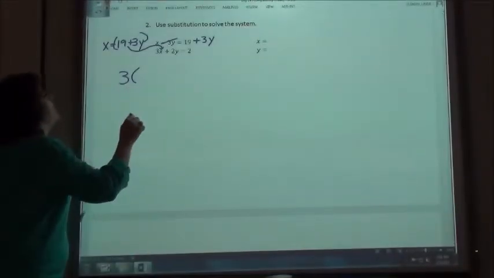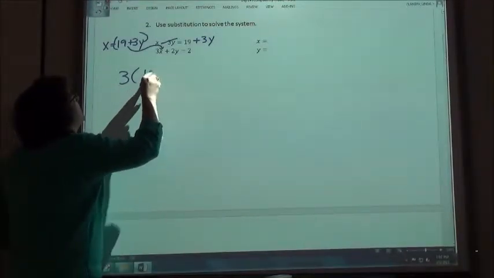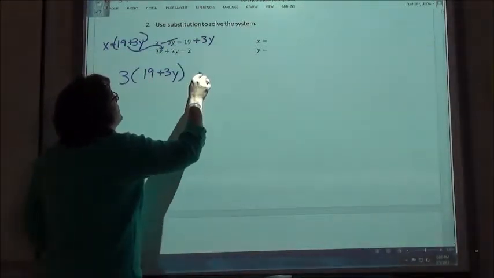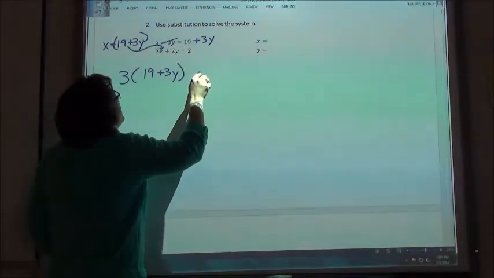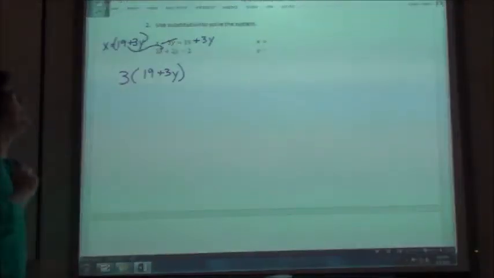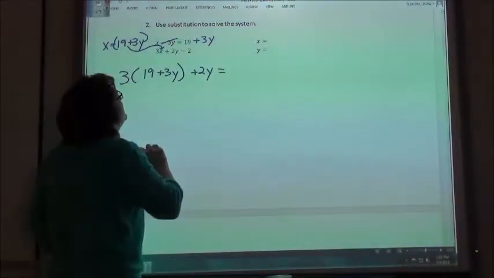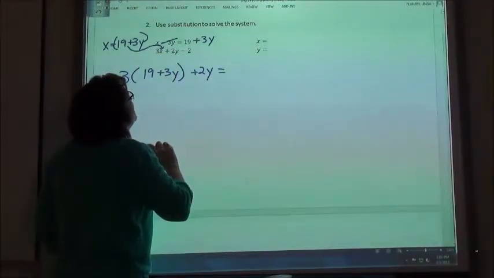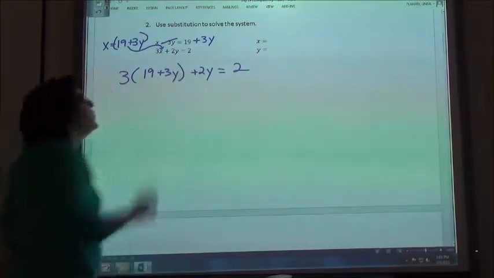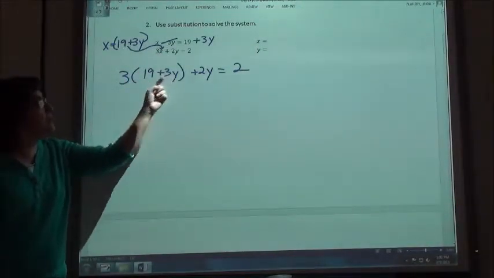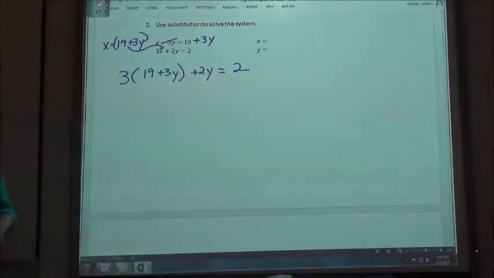So 3 parentheses, 19 plus 3y, parentheses, plus 2y equals 2. There's what we should have. So we just replaced the x in that bottom equation with the 19 plus 3y, and everything else just came down.